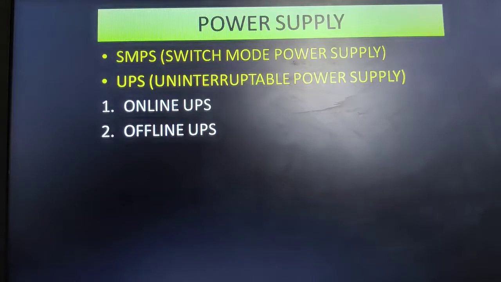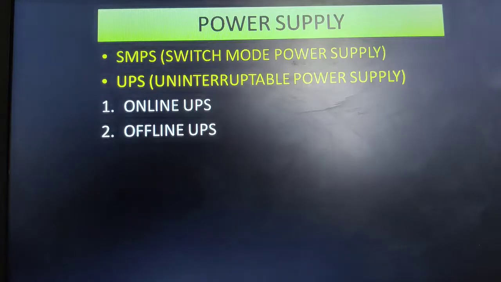Here in the power supply, we usually have a 3 pin socket. At home or wherever you are working with computer systems, in order to provide power to your computer system, we have a 3 pin electrical socket. The current flowing from that 3 pin socket is alternating current, that is AC.